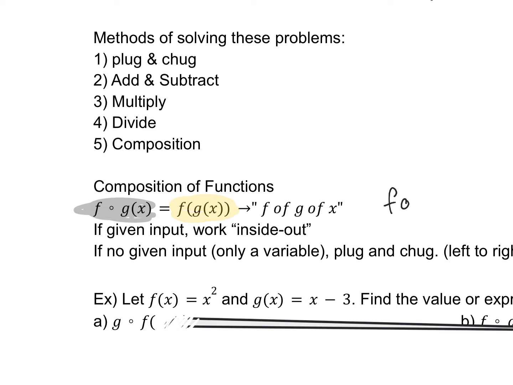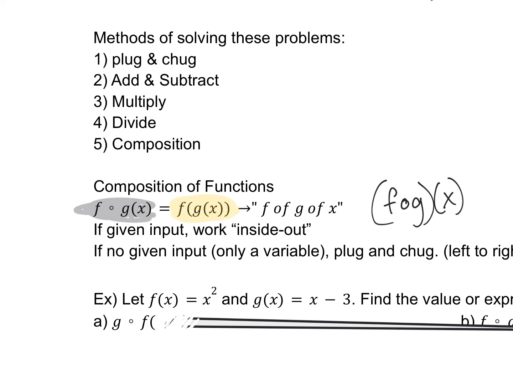So f of g in parentheses of x. And yes, I know it looks like fog, but it's not. Another thing to note whenever you're doing these, it looks similar to the multiplication problems that we did on the last lesson, except that last time the multiplication was a closed dot. Whenever it is an open dot, you're going to be doing this composition of functions.